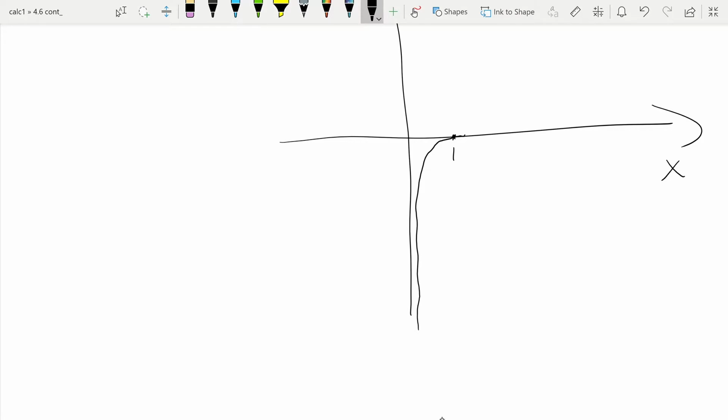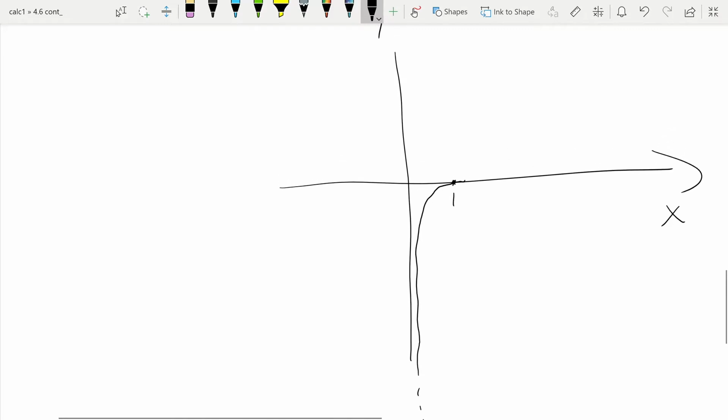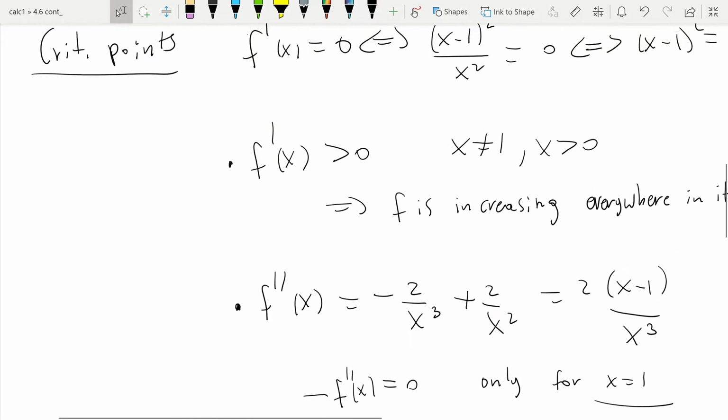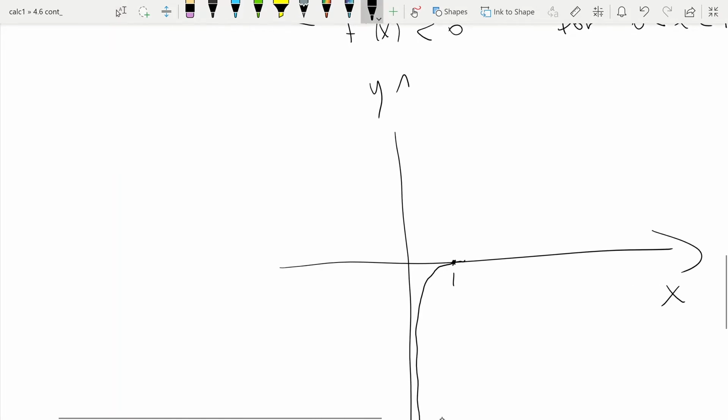Okay, so this function here is concave down. It's approaching minus infinity. It is 0 at 1. And at 1, you also have a critical point. So this slope here is 0, so this is tangential to the x-axis, and the graph continues growing like this.